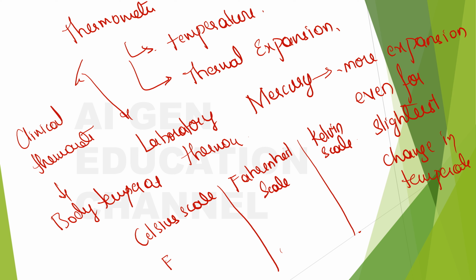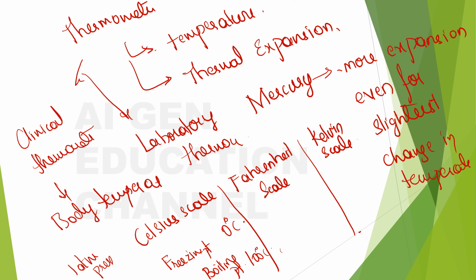One is the freezing point and the other is the boiling point, right? In the Celsius scale, the freezing point is 0 degrees centigrade and the boiling point is 100 degrees centigrade, and we are considering everything at 1 atmospheric pressure.